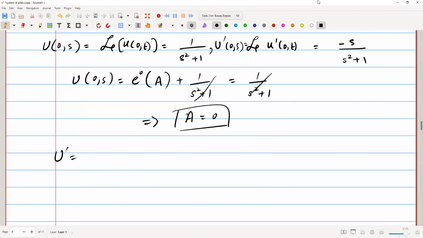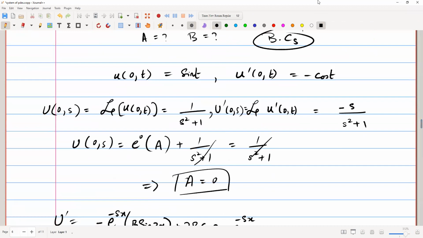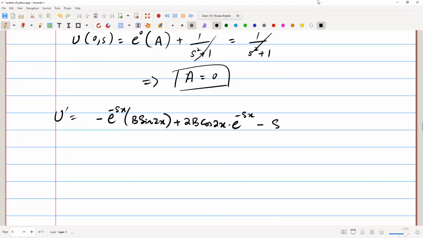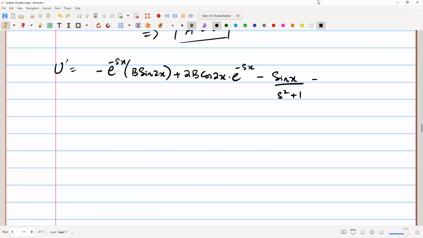The derivative will be negative e to the power negative sx into b sine 2x plus 2b cosine 2x times e to the power negative sx, and then minus sine x over s squared plus 1, plus s cos x over s squared plus 1.